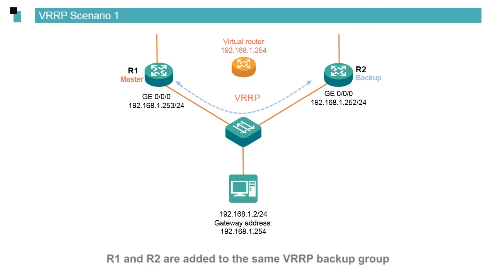R1 and R2 are added to the same VRRP backup group with a virtual IP address of 192.168.1.254. In normal situations, R1 is the master router. If R1 fails, R2 becomes the master router.